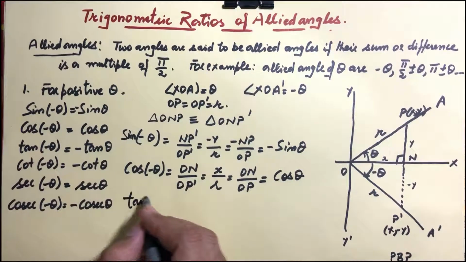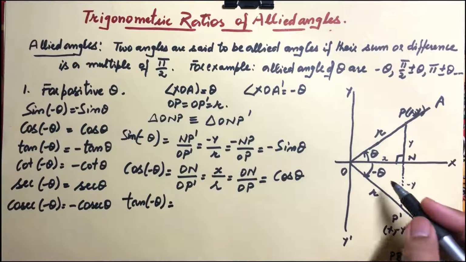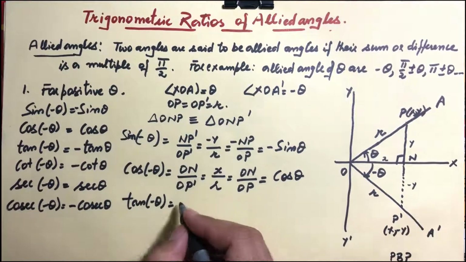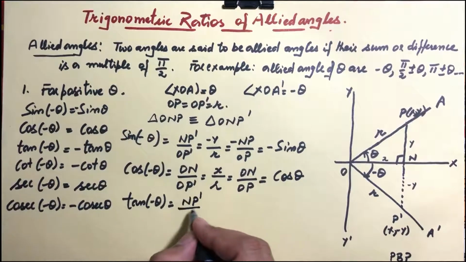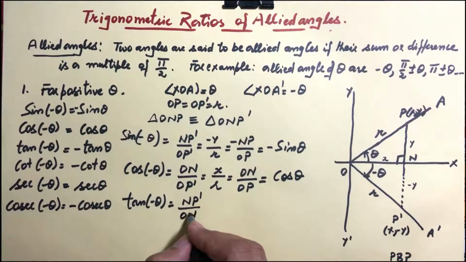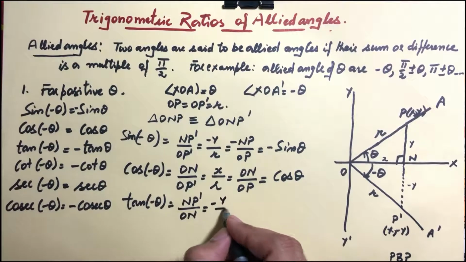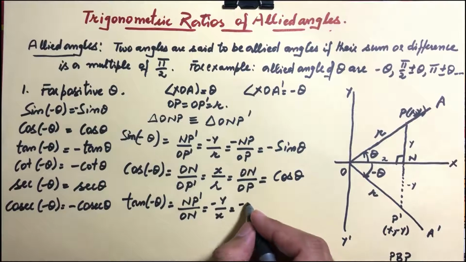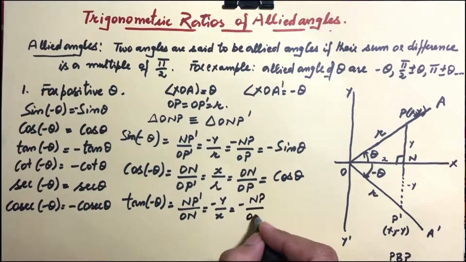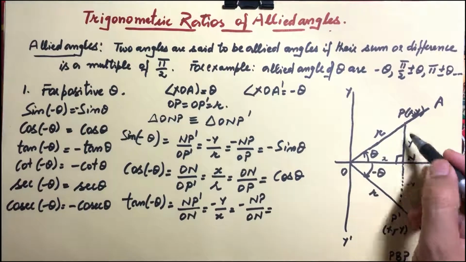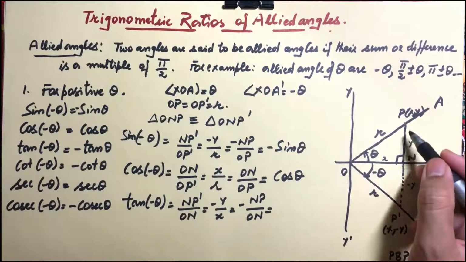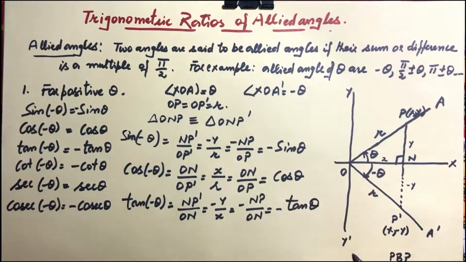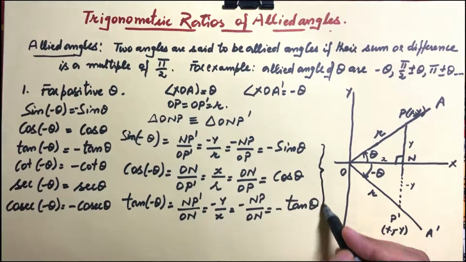Now tan of minus theta equals, by this triangle, perpendicular upon base, this is NP dash upon ON, and NP dash is minus y upon x, and further this y upon x is equal to NP upon ON, and by this triangle NP upon ON is perpendicular upon base, this is minus tan of theta. So we get these three results here.